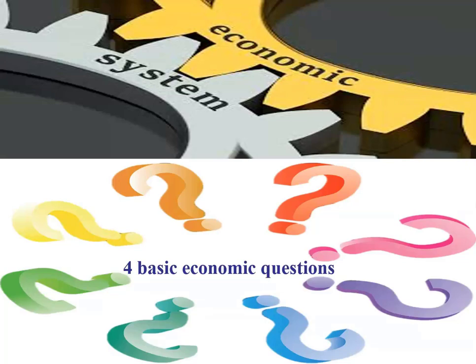The first of those questions is, what goods and services and how much of each should be produced? The second basic economic question is, how will these goods and services be produced? The third economic question, for whom will these goods and services be produced? And then lastly, the 4th basic economic question is, who owns and controls the major factors of production? The society best answers the questions based on its social values and goals.